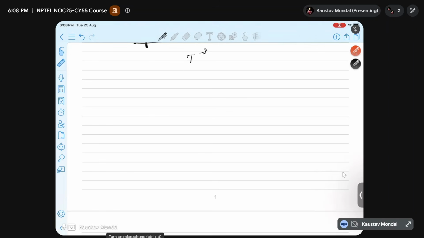In that case, the partition function looks like this: Q equals 1 plus e to the power minus epsilon by kB T.